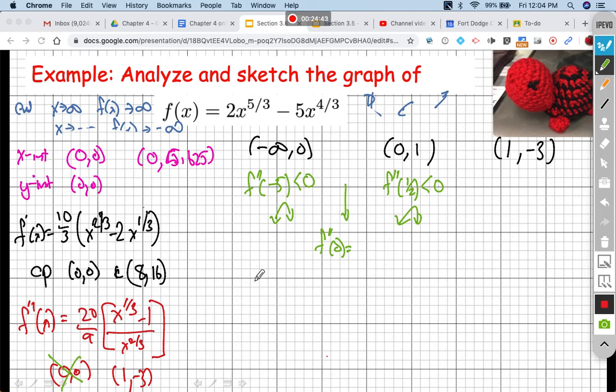So let's try the first derivative test. f prime at negative 5: negative 5 squared is going to be positive, minus a negative. This is going to be greater than 0, so this is increasing.